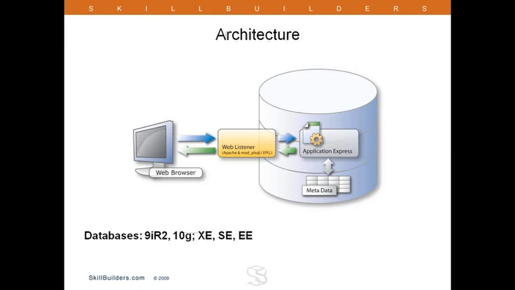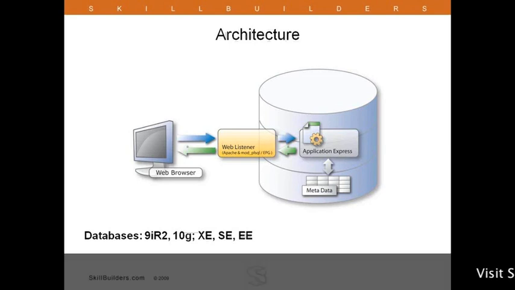The web browser communicates to the web listener, which forwards requests over to the database and into the Apex engine. The Apex engine then uses its own metadata combined with the data from your tables to generate an HTML web page, which it then returns back to the browser through the web listener. This works on all Oracle databases from version 9i R2 or better.